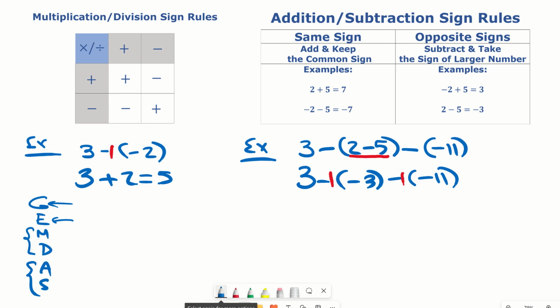So now we end up with 3. -1 times -3 will give us +3. Remember, negative times negative is positive. So 3 plus 3, and then plus 11, right? Because -1 times -11 will give us +11, and we end up with what? With 6 and 11 is 17.